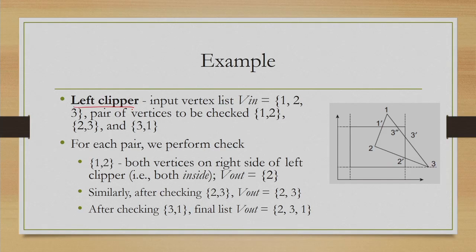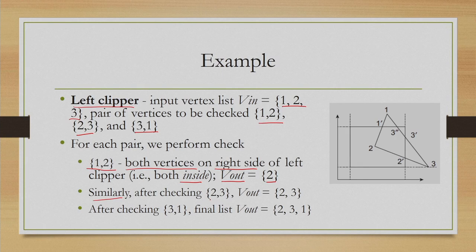Here the input vertex list is the original vertices, that is 1, 2, 3, which indicates the 3 edges represented by the vertex pairs 1 2, 2 3 and 3 1. For each pair we perform the check. For pair 1 2, we can see that both the vertices are on the right side of the left clipper, that means both are inside. So, V out is 2 as per the algorithm.